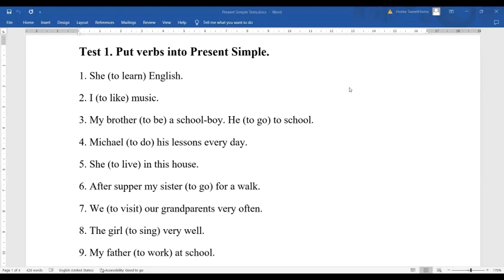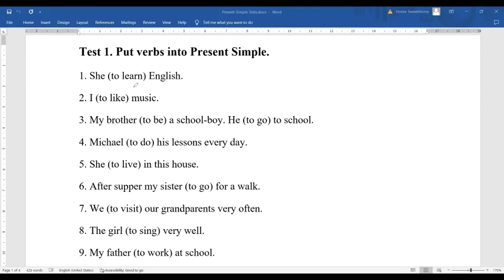I'm gonna use my highlighters here, and maybe some typing as well to show you some answers. Okay, let's look at the affirmative sentences in present simple tense.